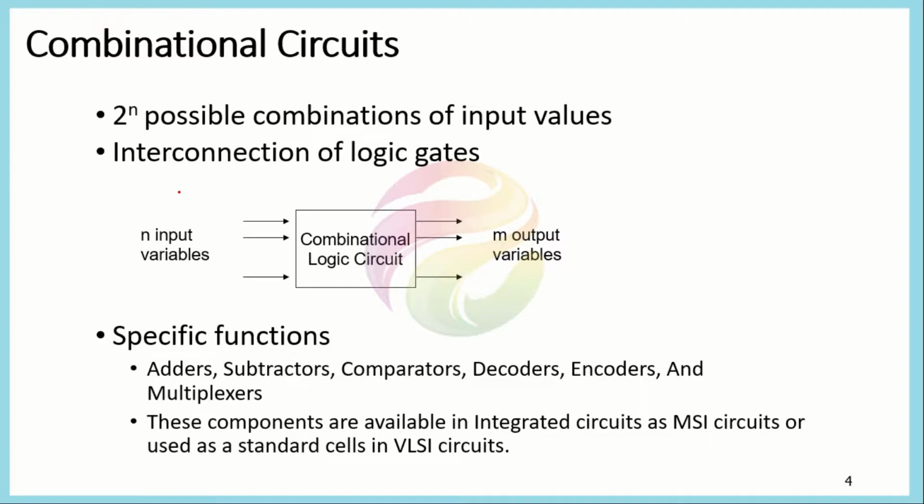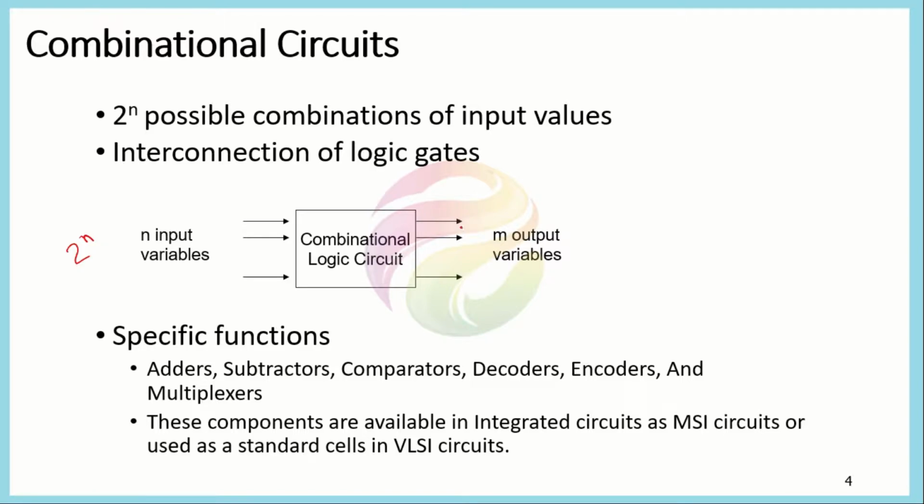Say for a combinational circuit, we have n input variables and m output variables. Generally, first we define 2 to the power n input combinations for all the inputs, and for each of these 2 to the power n combinations we will have one or more output variables.